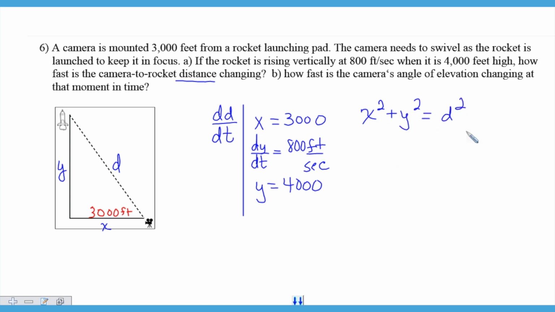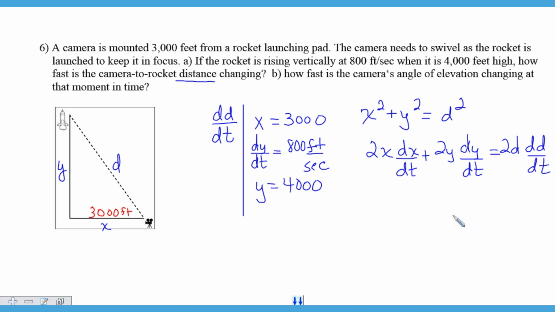And let's implicitly differentiate all these. That's 2x dx/dt plus 2y dy/dt equals 2d dd/dt.